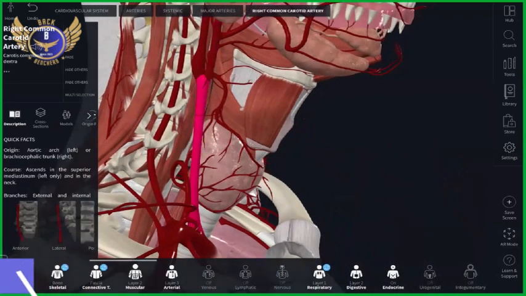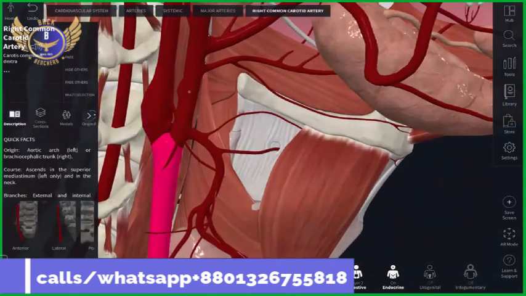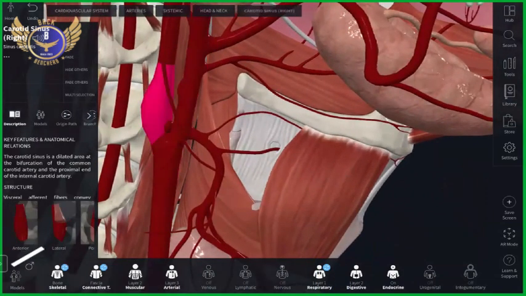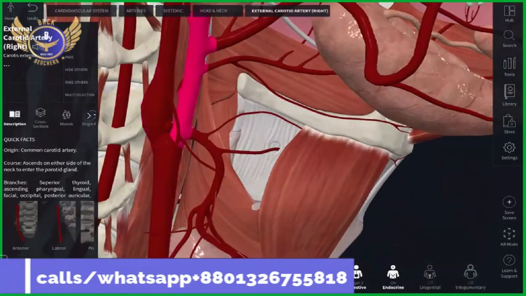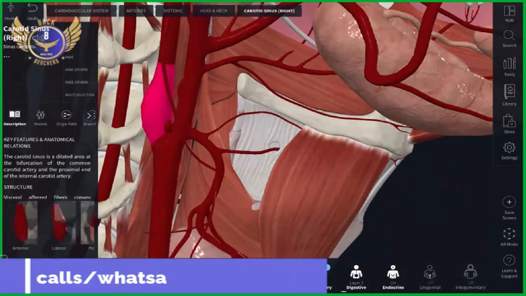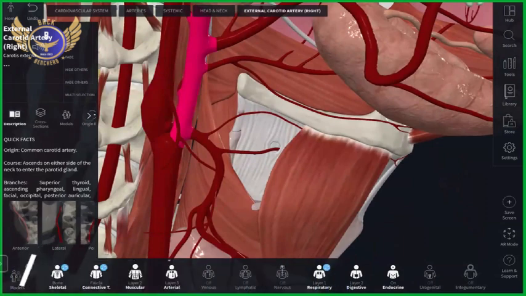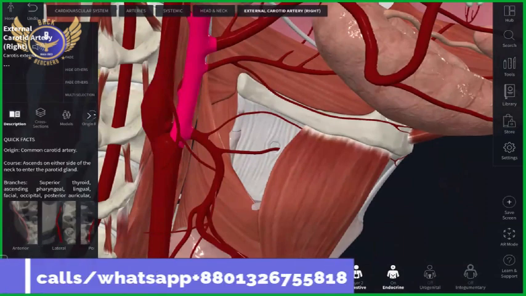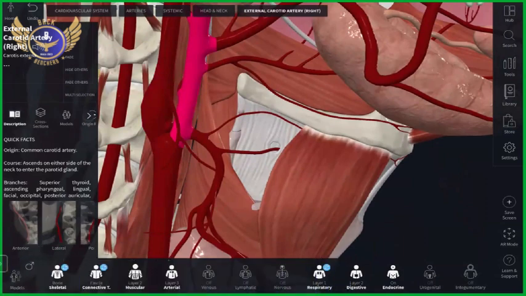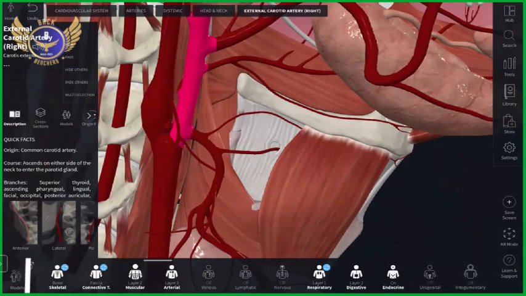Common carotid, external carotid, internal carotid. Internal is inside the sheath. The external carotid supplies mainly all the blood supply to your neck and face.